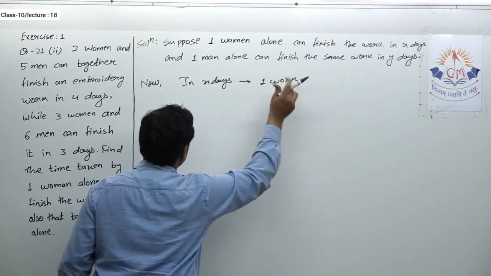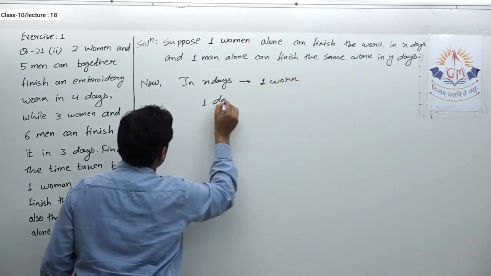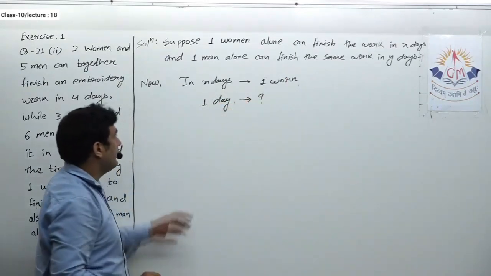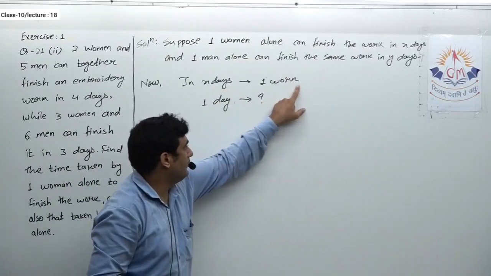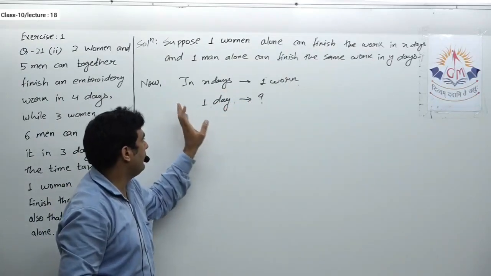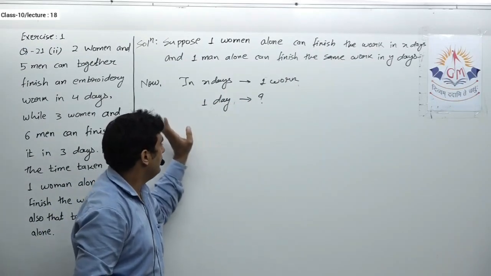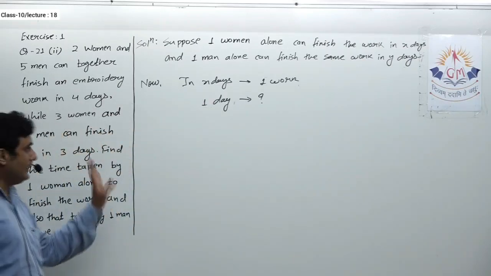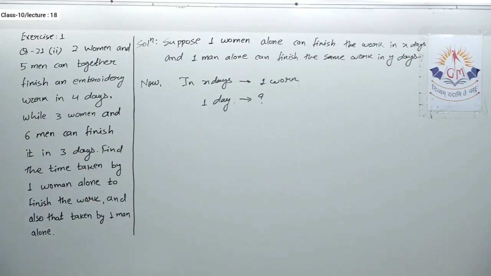Then in how many days? So that will be the work done in one day. Okay. Try to get this. See, in X days, one woman can finish one work. You have to identify in one day how much work will be completed by that one woman. So think for a while, then I will give you its detailed solution.